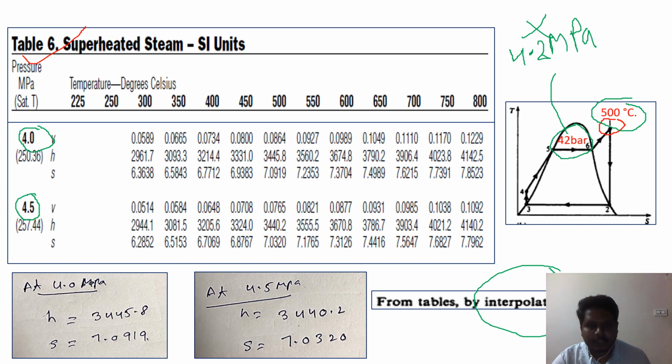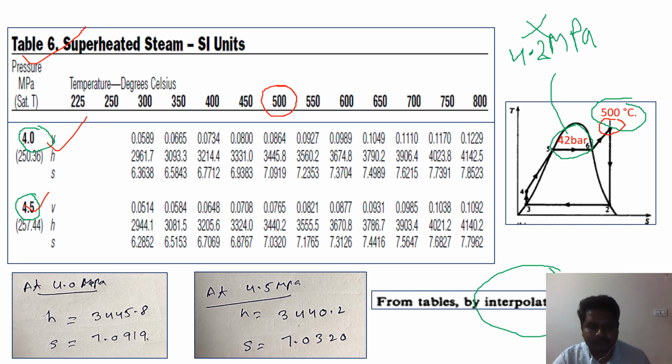Before doing interpolation, we have to take the enthalpy and entropy values at 4.0 and 4.5 megapascal. In the problem, the point 1 temperature is 500 degrees centigrade.